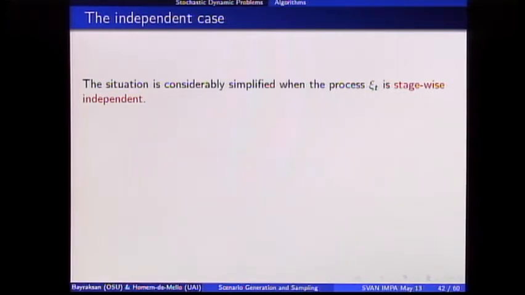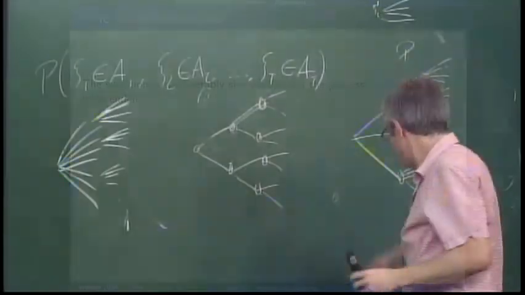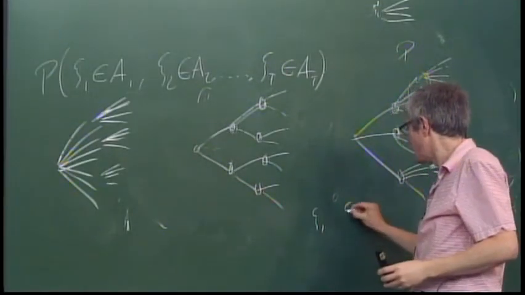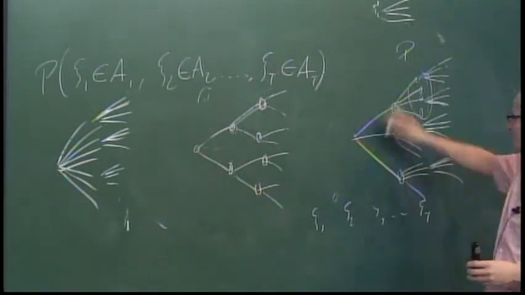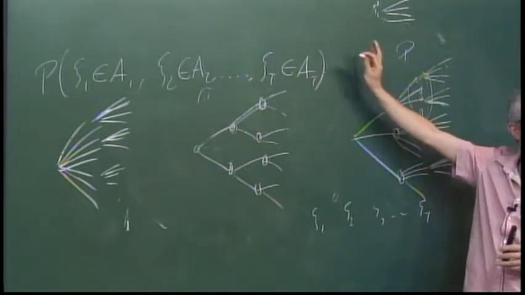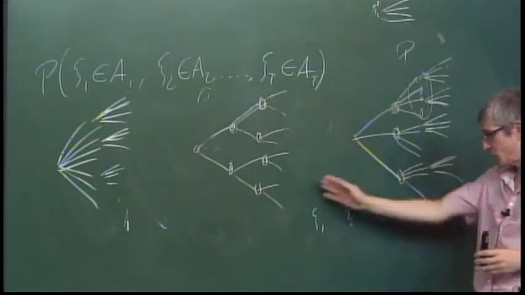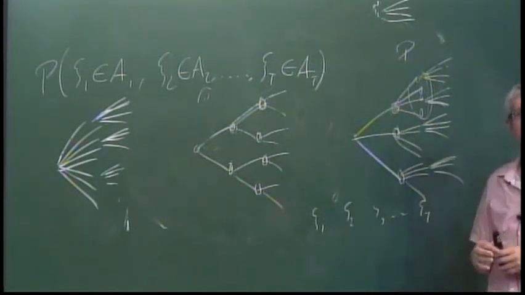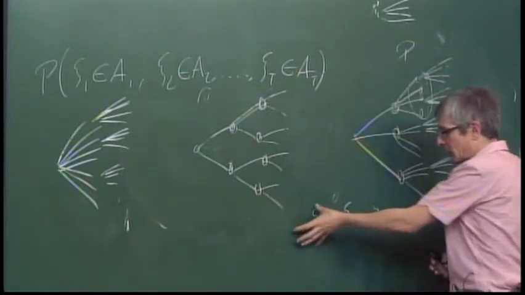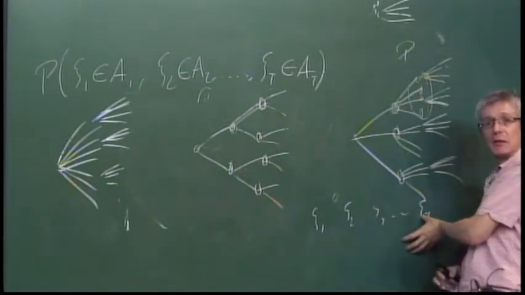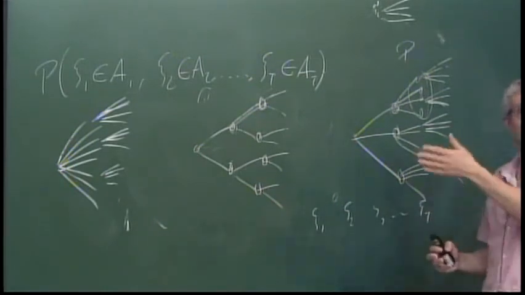You only have T random vectors: xi_1, xi_2, xi_3, up to xi_T. They are all independent of each other, so you don't have to bother about the tree business. You just have independent processes. So this is much, much easier. You can apply, say, scenario generation for each stage independently, and generate scenarios that way.